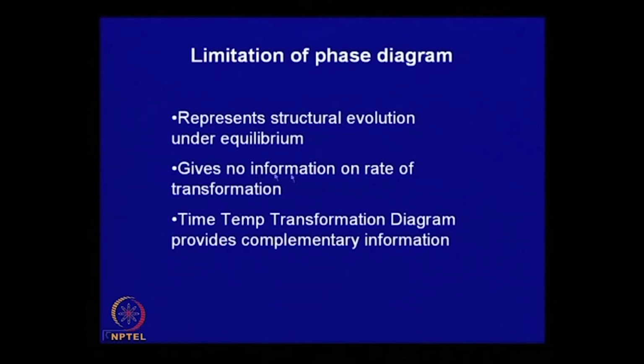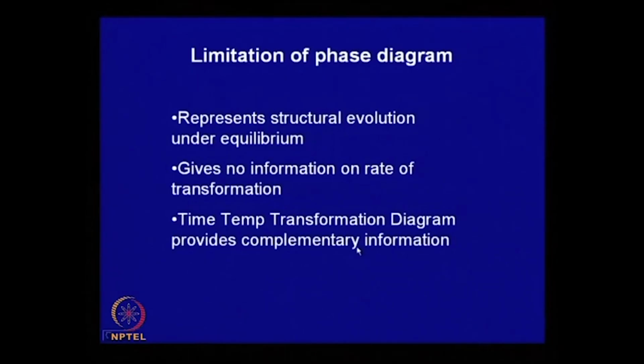This gives no information on the rate of transformation. There is another variety of diagram called the time temperature transformation diagram or TTT diagram, which provides complementary information, and we will look at this separately at a later stage.